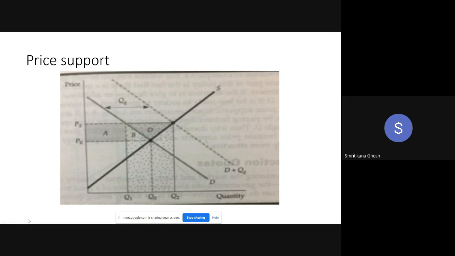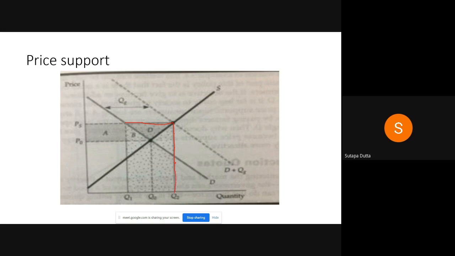Let me use the pen. PS into Q2 minus Q1. Anyone told this? Ma'am, I told it, PS into QS.